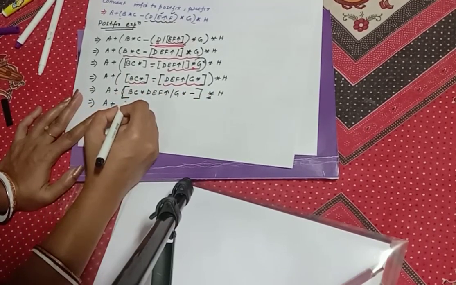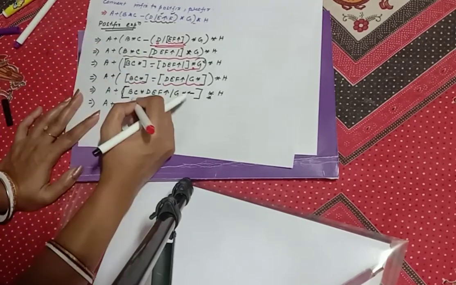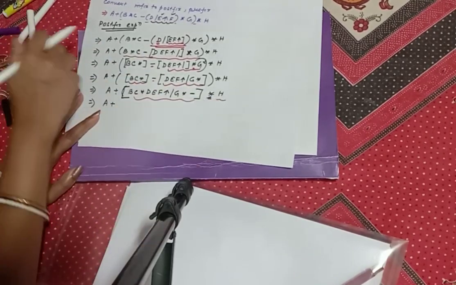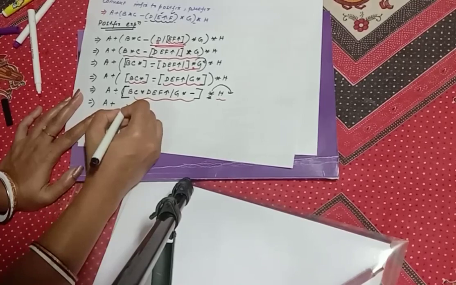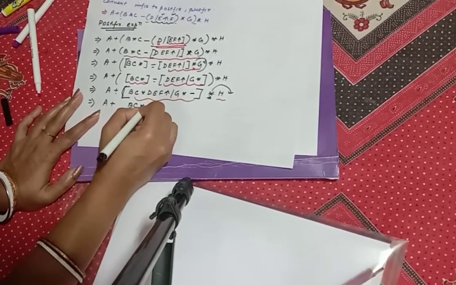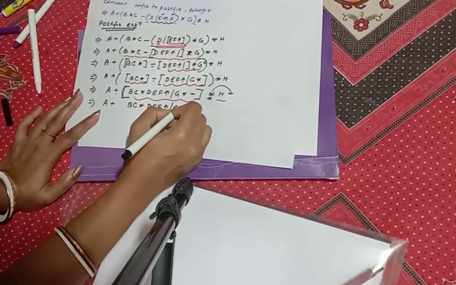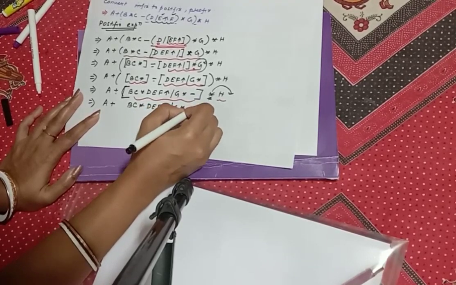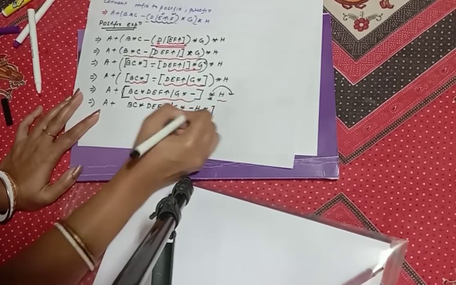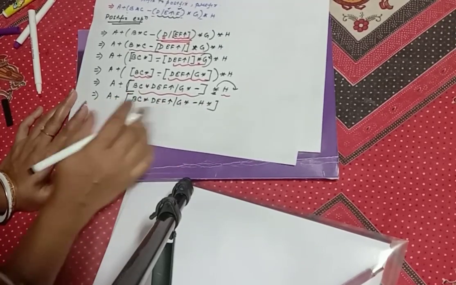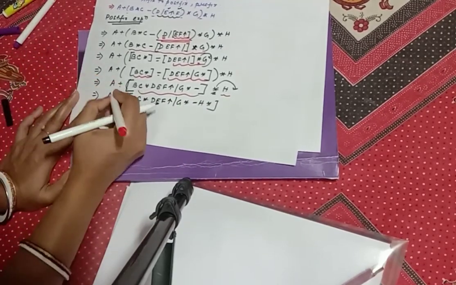This A plus. This is placed in between this one and this one. So it needs to be transferred over here. That is BC into DEF exponent G into minus H into. This portion is solved. We keep it in a third bracket. So now this is left.